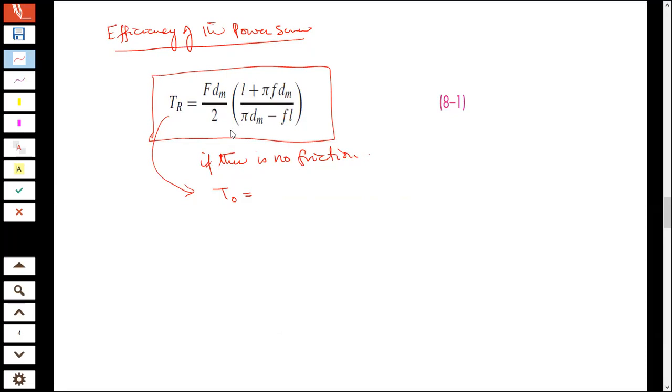So when the friction is zero, the coefficient of friction f is going to be zero, right? So what will this equation turn out to be?